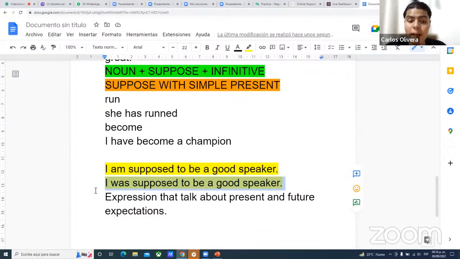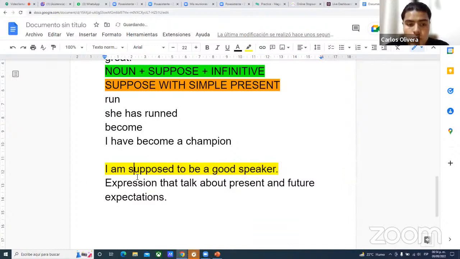So we are going to talk about right now this first option. I am supposed to be a good speaker with simple present. And when you see a sentence with supposed that has this present tense, what it means is that you are talking about expressions that talked about future and present expectations. That is what I mean.